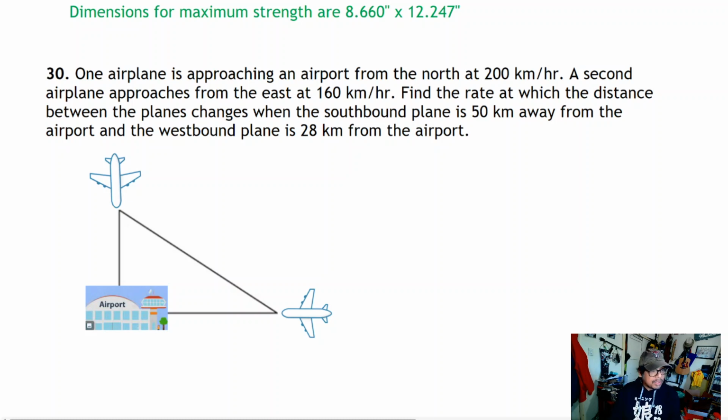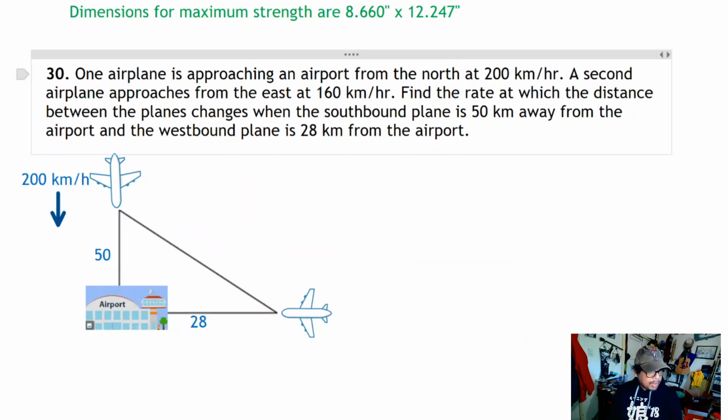Now, the distance from the airport to the plane at the north is 50 kilometers. And the westbound plane is 28 kilometers from the airport. We also know that the airplane approaching from the north is traveling at 200 kilometers per hour, and the airplane arriving from the east, i.e. the westbound plane, is traveling at 160 kilometers an hour.